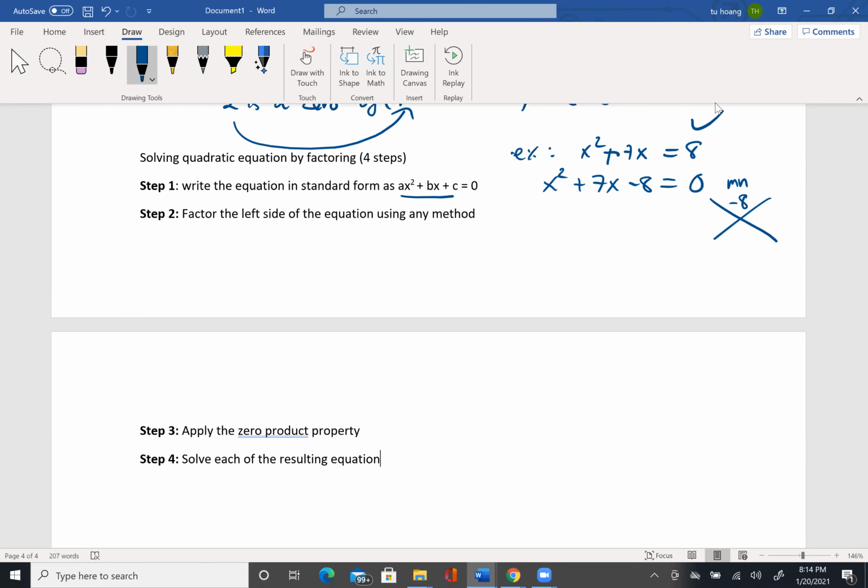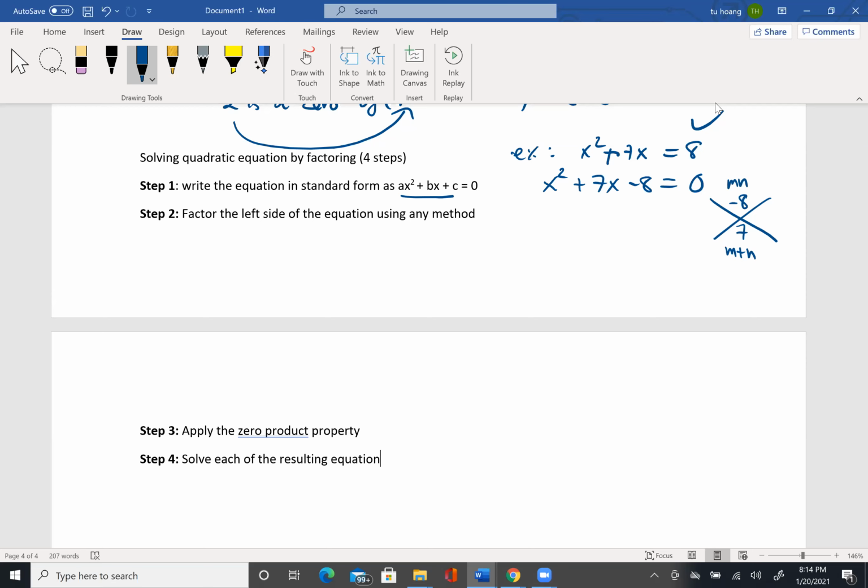In here, a is equal to 1, and c is negative 8. And m plus n will be equal to b, which is 7. So two numbers whose multiplication equals negative 8, and addition equals 7. Can you do that?